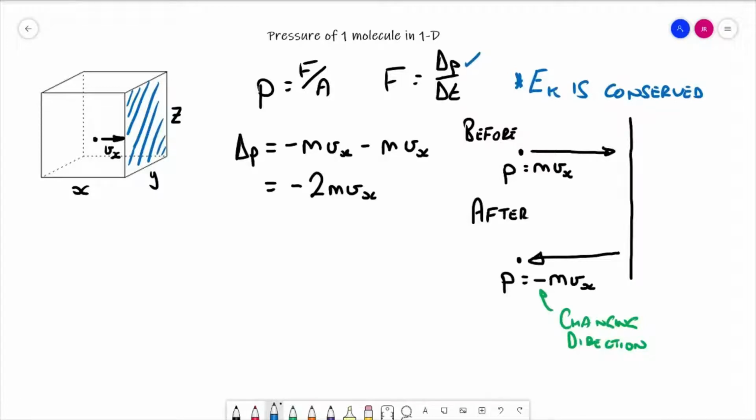Next thing we need to do then is calculate the time. Now for the time, what we need is the time between successive collisions with the same wall.